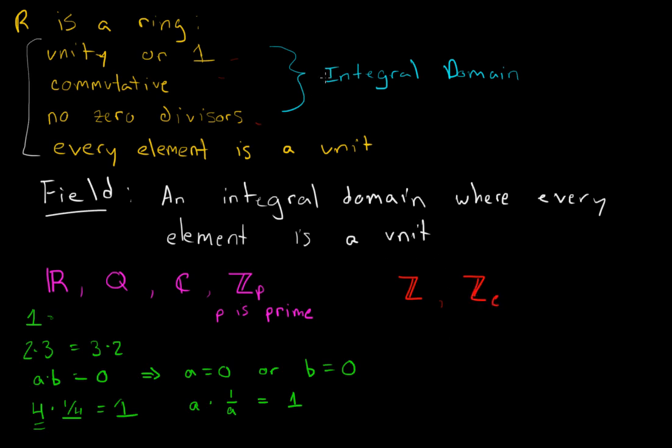Likewise, this is not an integral domain because it has zero divisors. One more example, the set of all 2 by 2 matrices with coefficients from, say, R. This is not a field. It's not even a commutative ring, so it's not an integral domain.